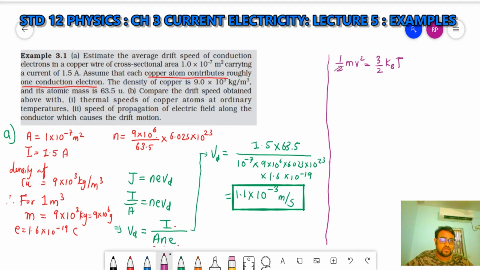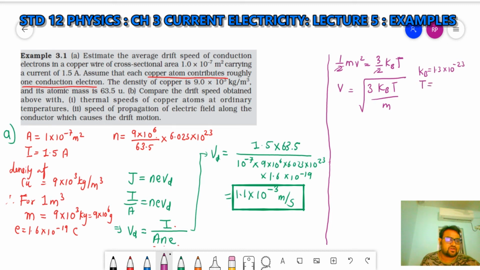So the 2 gets cancelled, and v square will be equal to 3 kBT by m, and v will be equal to the square root of that. Here kB is 1.3 into 10 raised to minus 23, that is the Boltzmann constant. T, I will take ordinary temperature 27 degrees Celsius, that will be equal to 300 Kelvin.